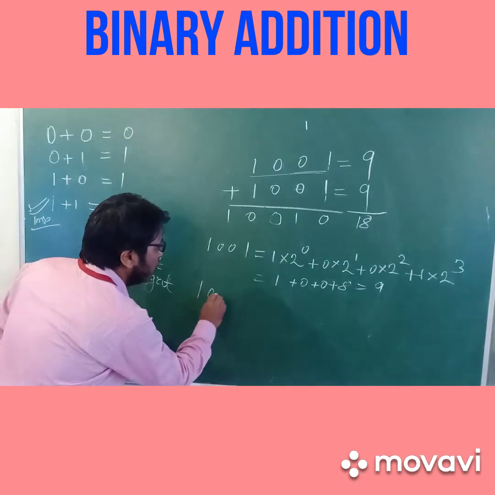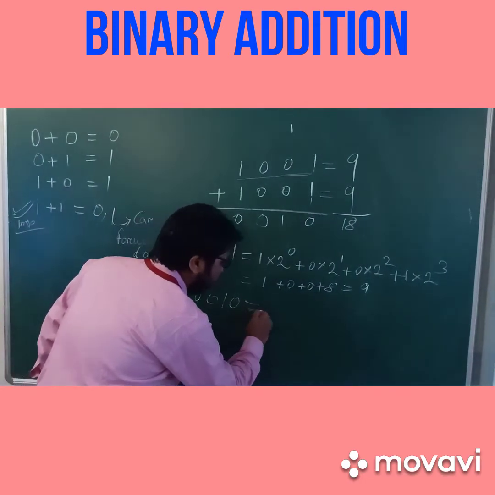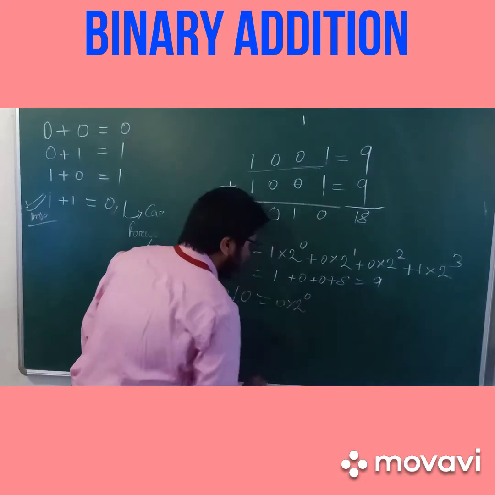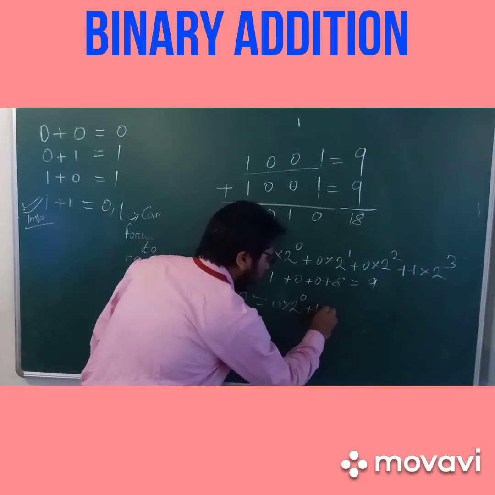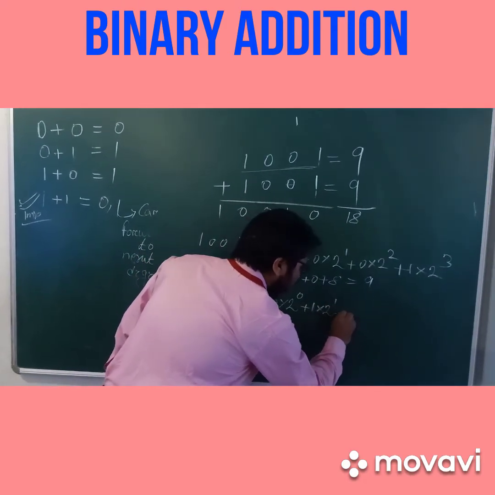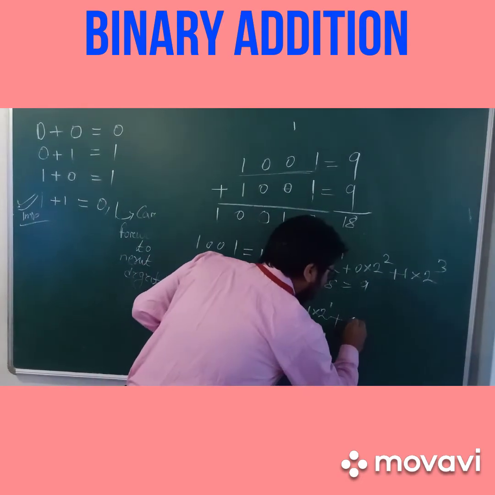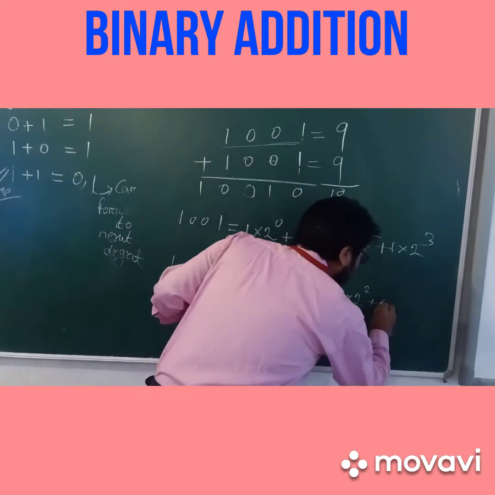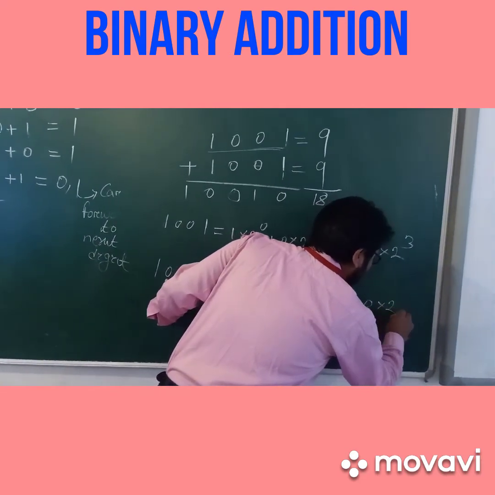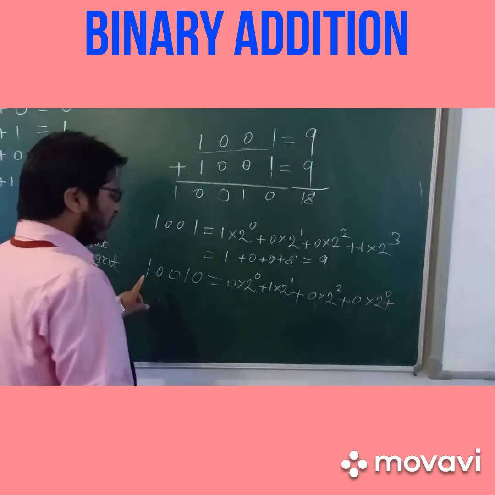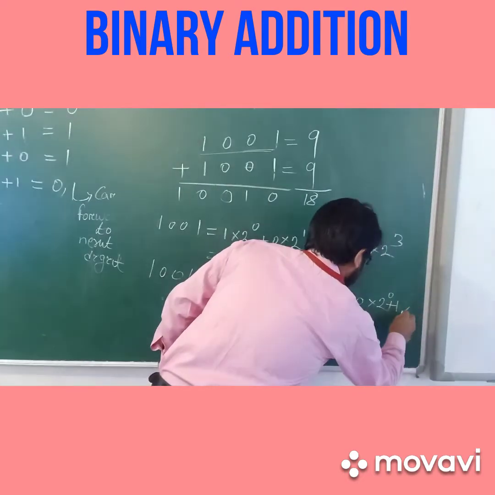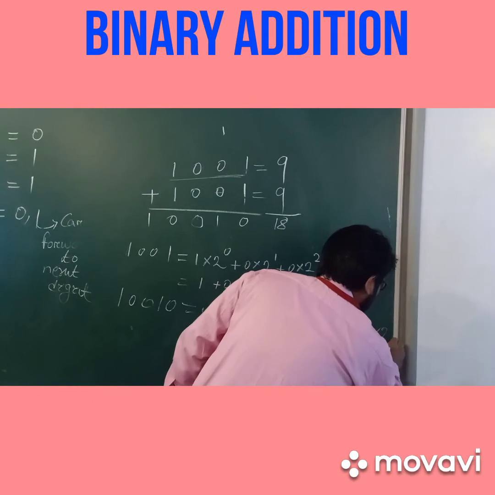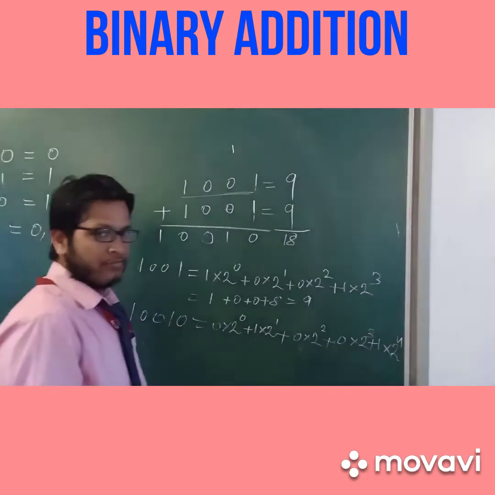So 1 0 0 1 0. You check that one. 0 into 2 to the power 0 plus 1 into 2 to the power 1 plus 0 into 2 to the power 2 plus 0 into 2 to the power 3 plus 1 into 2 to the power 4.